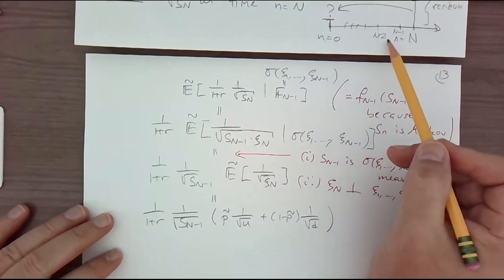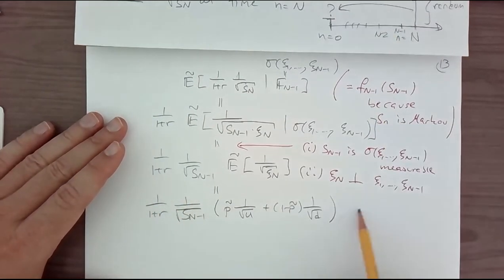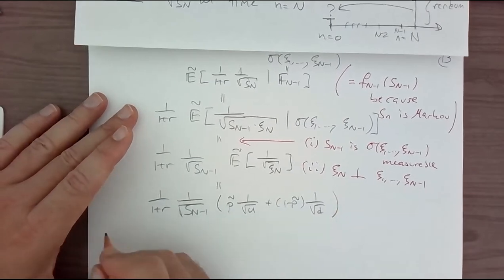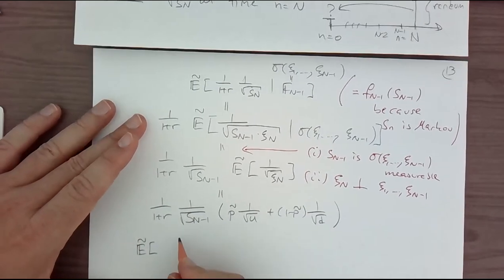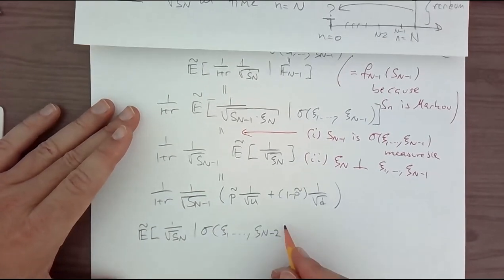So let's try to go to time n minus 2. I'll need to take this object here and condition one more time. So the next step is to compute the conditional expectation of 1 over root Sn given, but now I only know the coin flips up to the second to last time step.